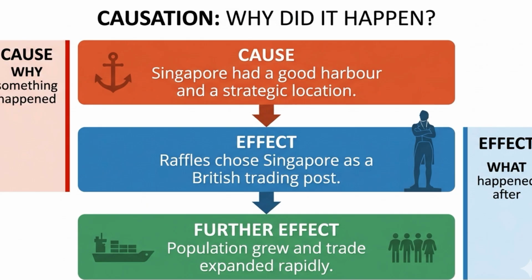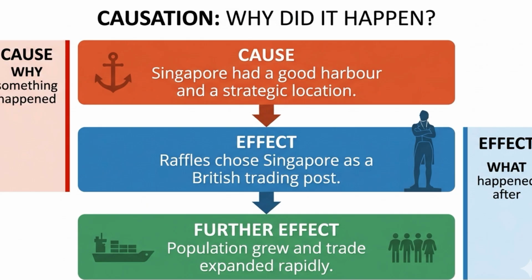These often form chains. Take Singapore's founding as an example. Singapore had a natural harbor and a strategic location on major sea routes. That is a cause. Because of that, Stamford Raffles recognized its potential and chose it as the site for a British trading post in 1809. That is the effect. And then that effect becomes a new cause.